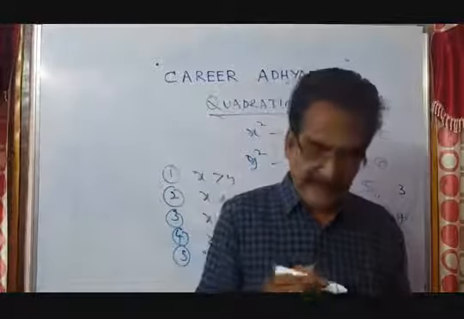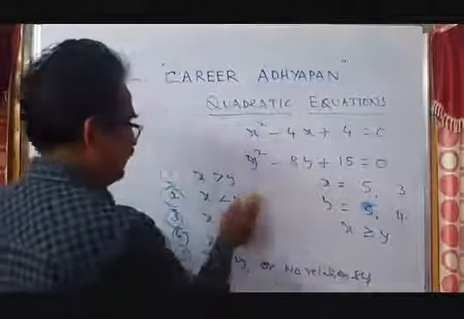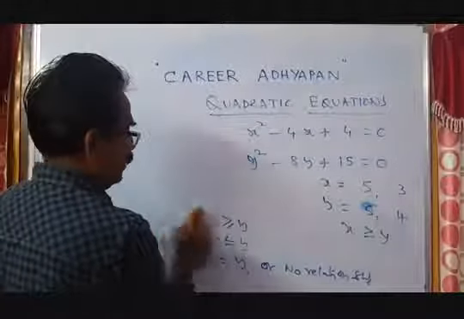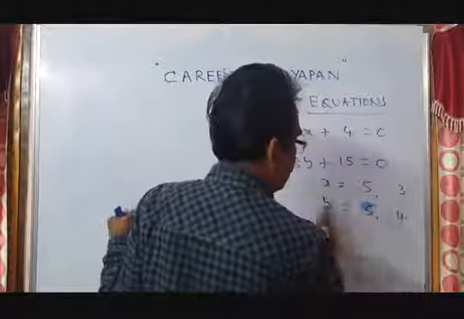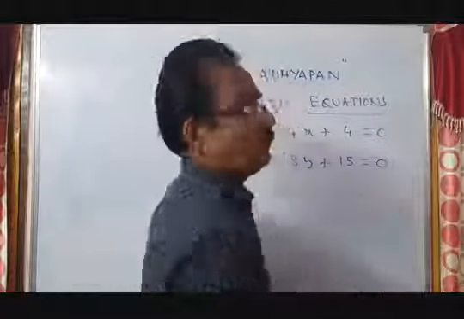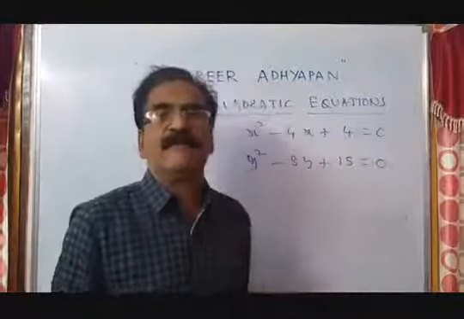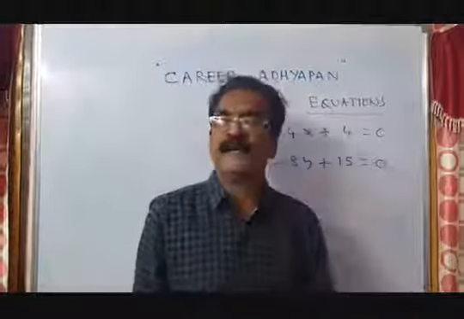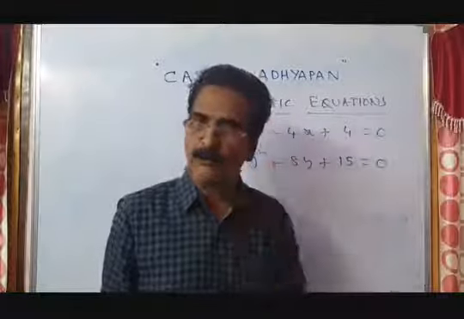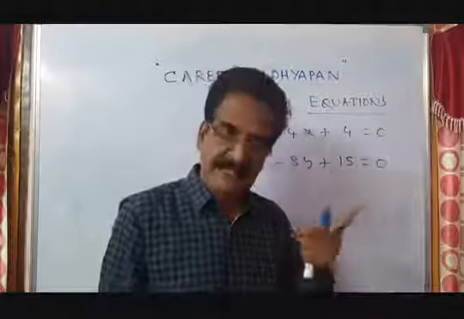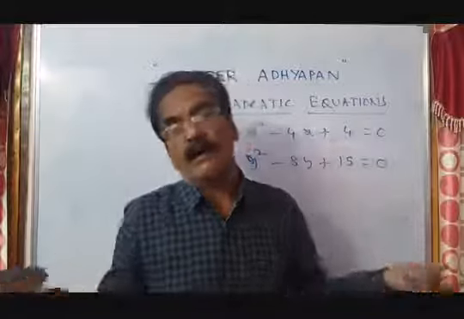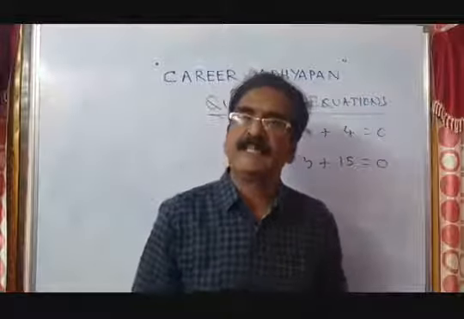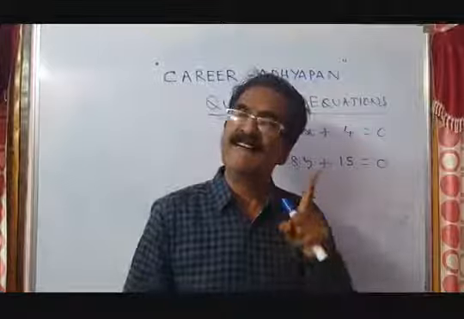So first you have to solve the given two quadratic equations, and then compare both the values of x with both the values of y. Only then can you conclude whether x is greater than y, less than y, greater than or equal to y, less than or equal to y, or no relation can be established between x and y.